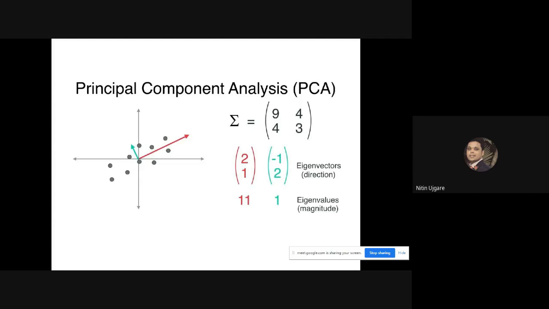Looking at these two eigenvectors, the first eigenvector has the highest magnitude value. So the first eigenvector wins.